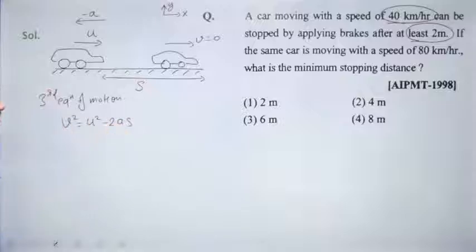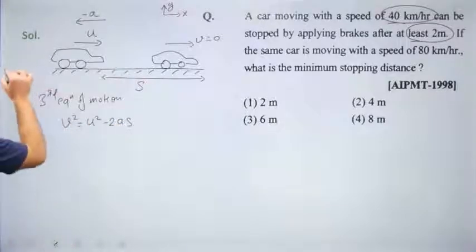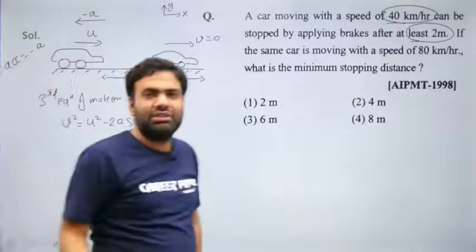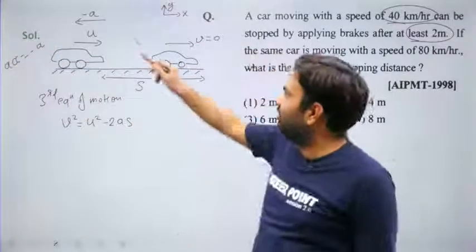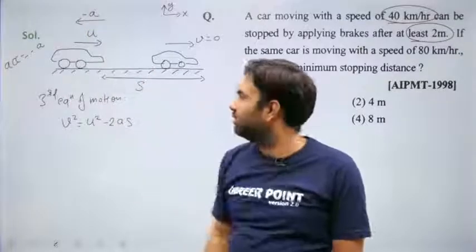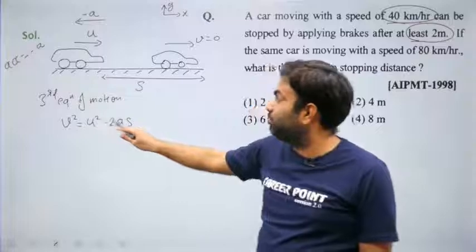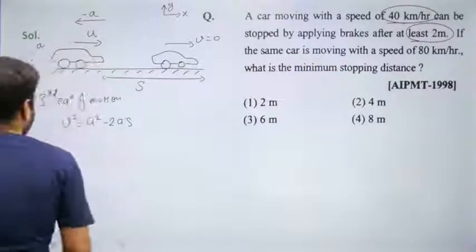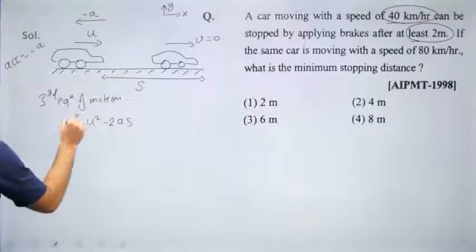Why am I writing minus 2as? Because acceleration is equal to minus A. Acceleration is negative. A is a positive value and minus A is a negative value. Acceleration is negative because it is backward. So v square is equal to u square minus 2as because acceleration is negative. Now we know final speed will be 0.